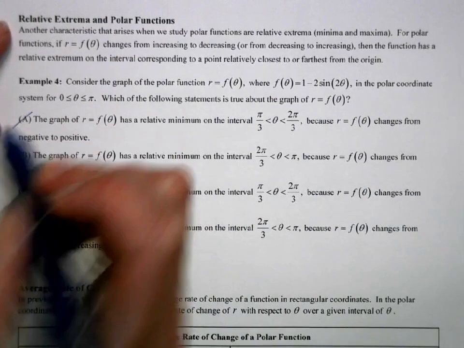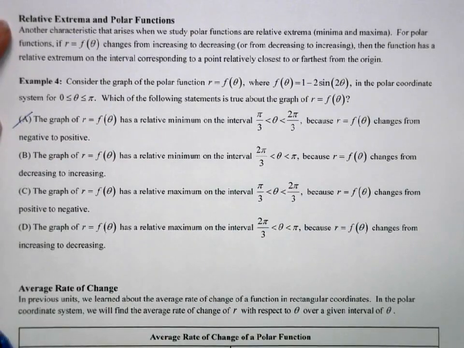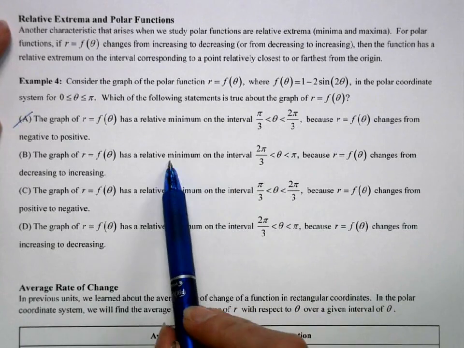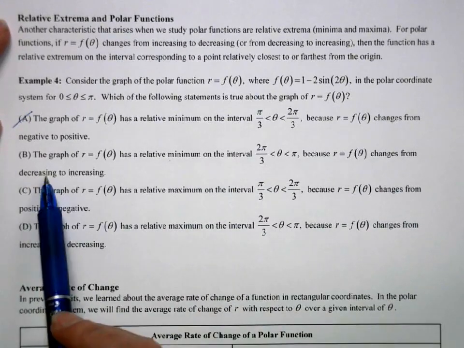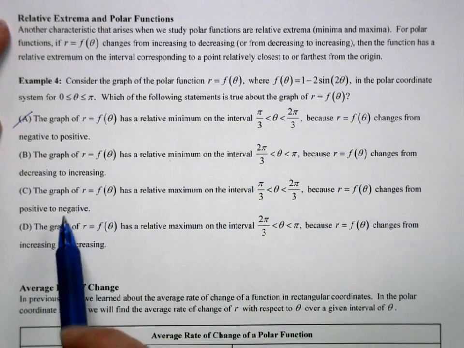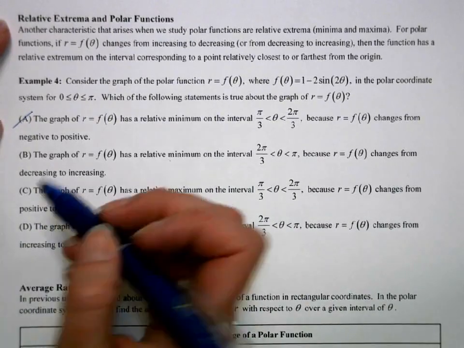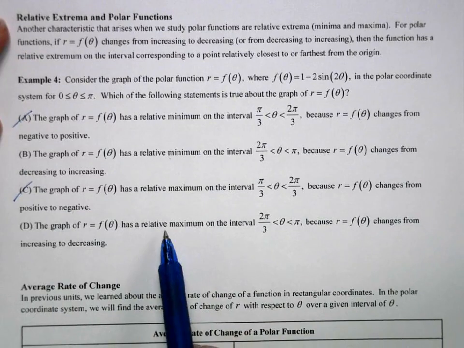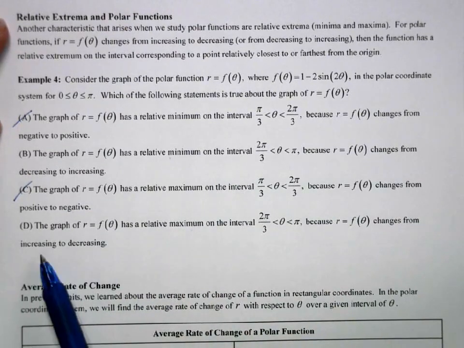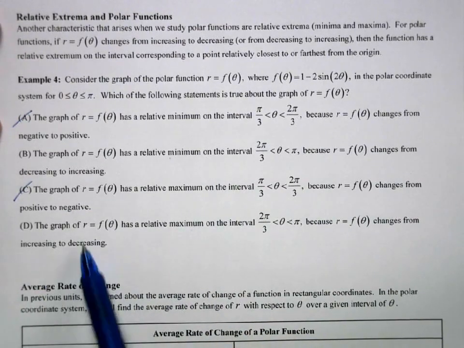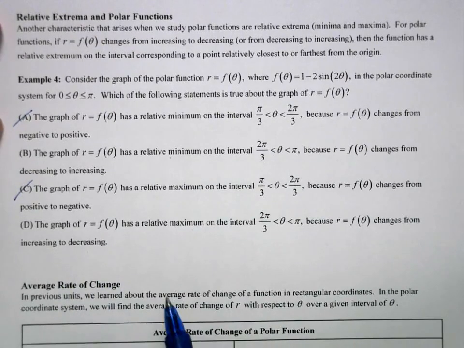We're looking for increasing and decreasing. So this one, a minimum because the graph changes from decreasing to increasing, could be true. This has a max because it changes from positive to negative. Nope. And then here has a relative max because the graph changes from increasing to decreasing. So both of these are plausible, but we need to graph this to be sure.